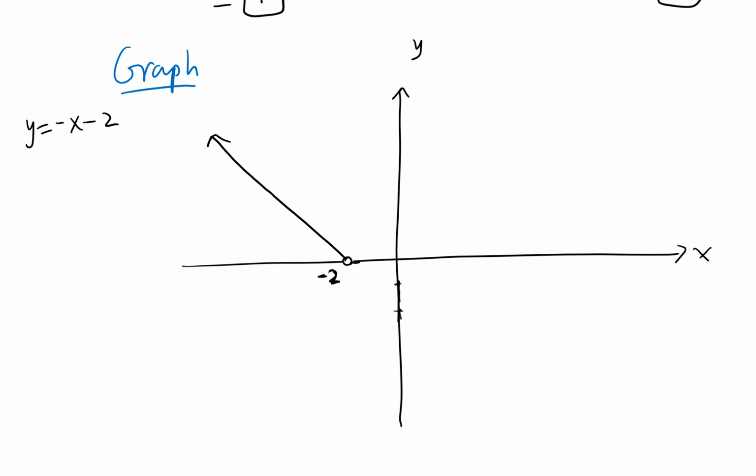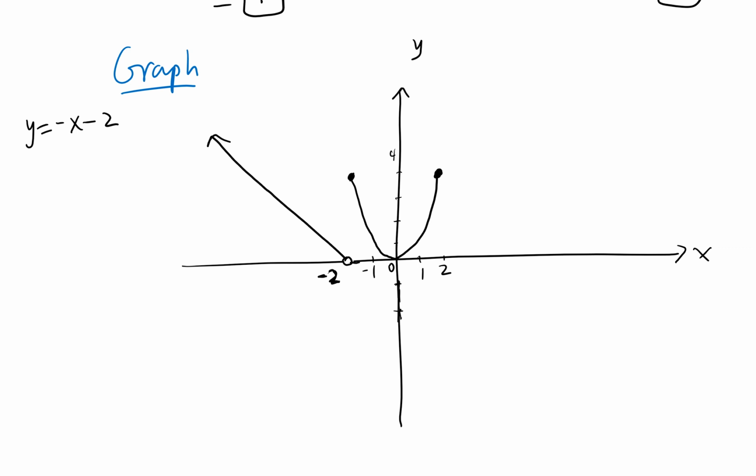The next one is a parabola, y equals x squared. If you substitute the -2 in, that's going to be here. And if you substitute the 2 in, that's going to be there. So it's going to go down like that, 1, 2. The next one is y equals the square root of x.